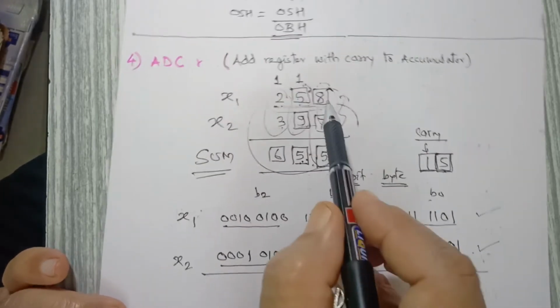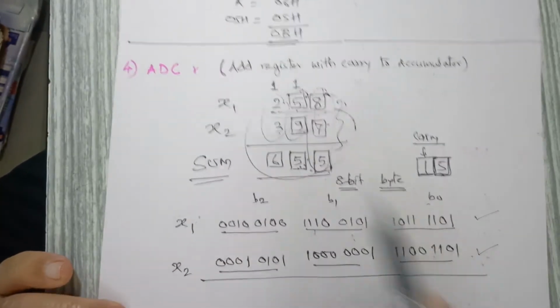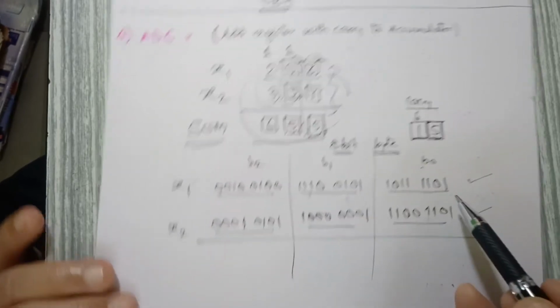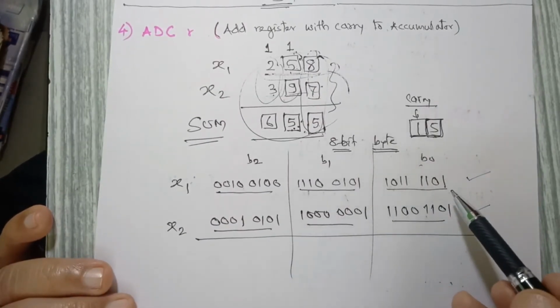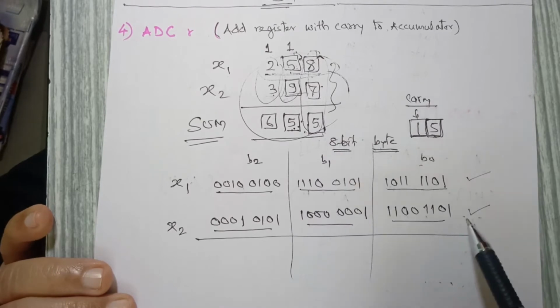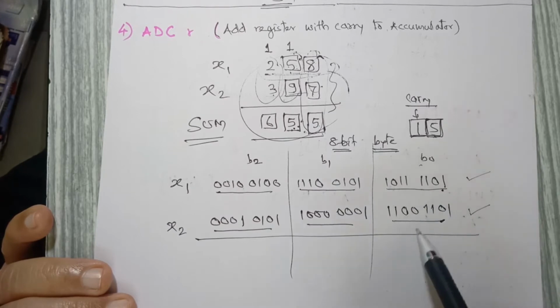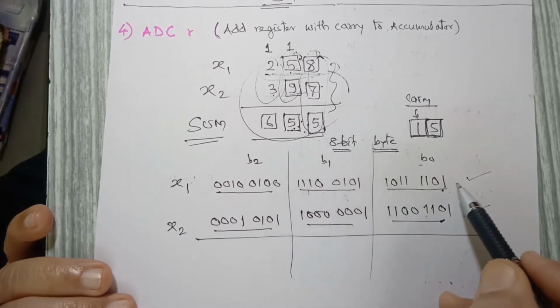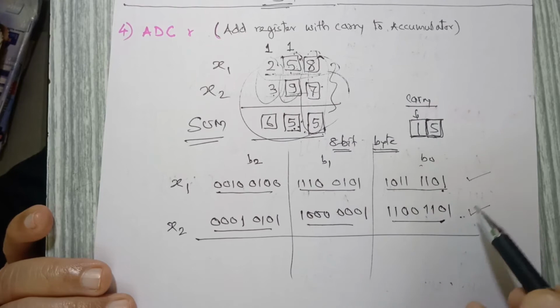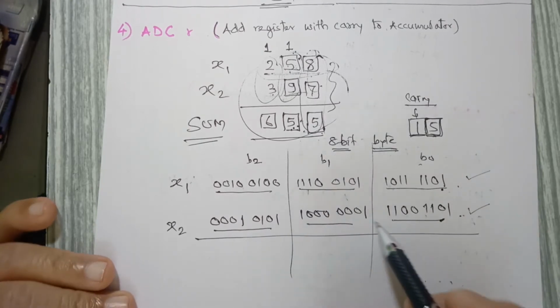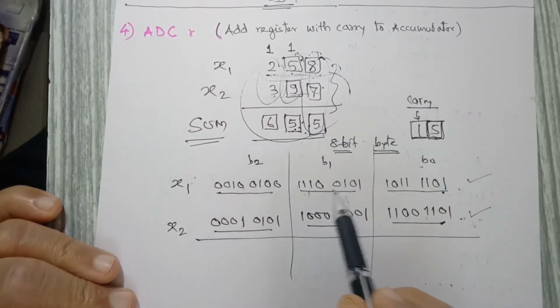Just as in the case of decimal we go column wise, here also we have 3 bytes, and therefore we have to get this sum in 3 steps. First of all we need to add this 8-bit number to this 8-bit number using a suitable instruction, and if a carry occurs, when we add 8-bit numbers many times the result will not fit in 8 bits, a carry will occur. That carry has to be accounted for while adding the next column bytes.